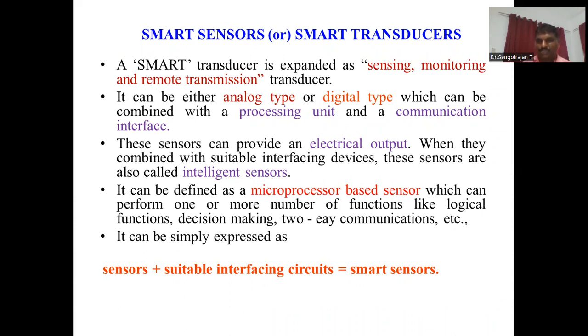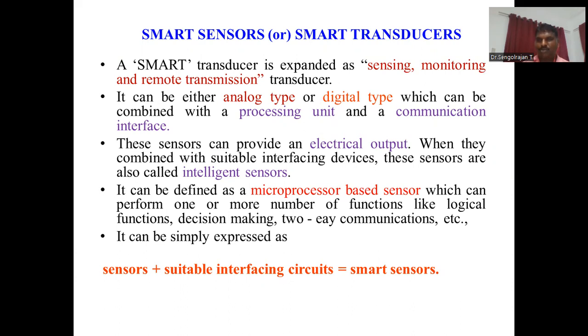A transducer is nothing but a device which converts any physical quantity into an electrical quantity in terms of voltage or current signals. The voltage means here this transducer will be able to operate on voltage of around 0 to 24 volts.